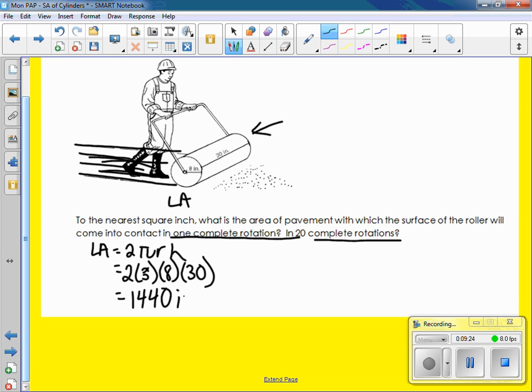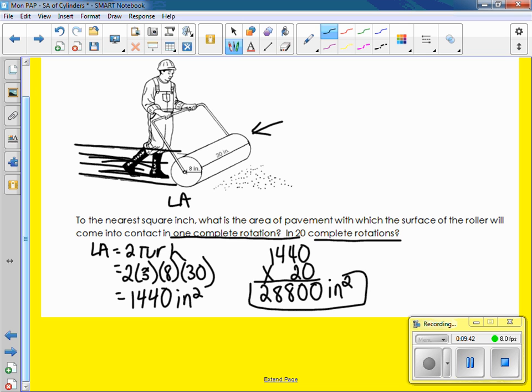This is going to be inches squared. Now for my next question, it wanted that out of 20 rotations, so I'm going to need to multiply that by 20. So that's going to be 28,800 inches squared.